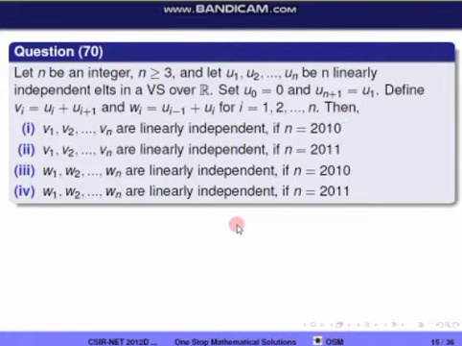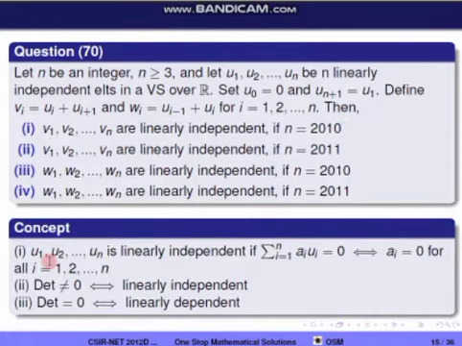So we look into the concepts used. u1, u2, etc. up to un is linearly independent if sigma i equal to 1 to n of ai ui equal to 0 if and only if ai equal to 0 for all i equal to 1 to n. Determinant not equal to 0 if and only if the set is linearly independent.